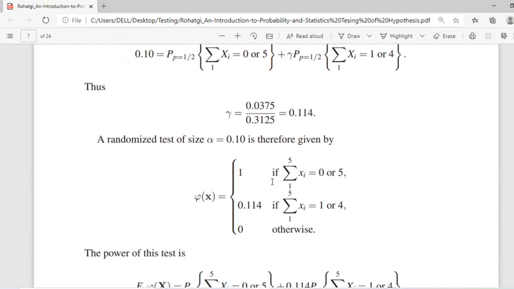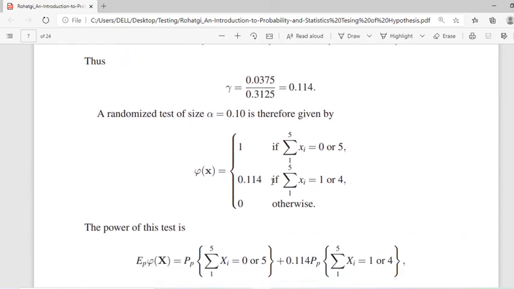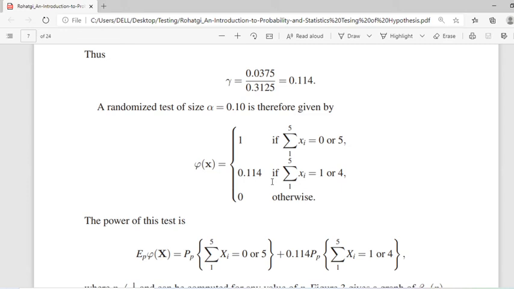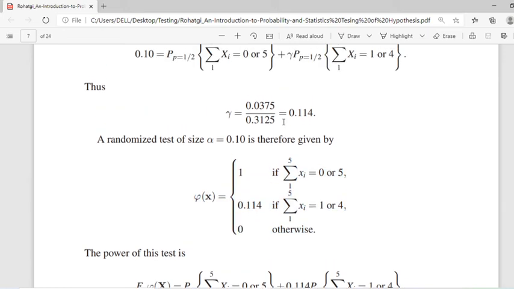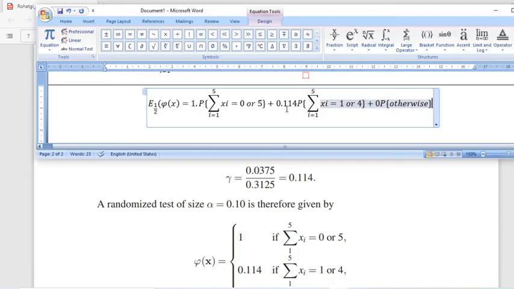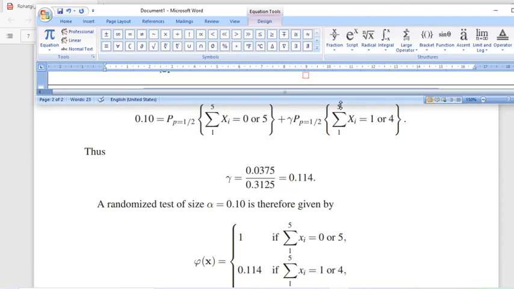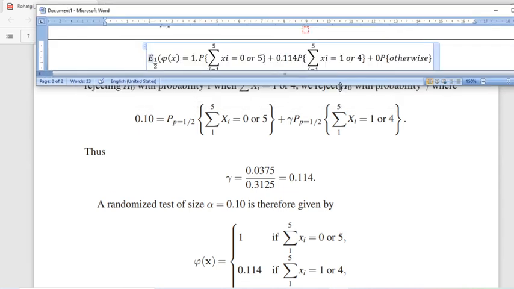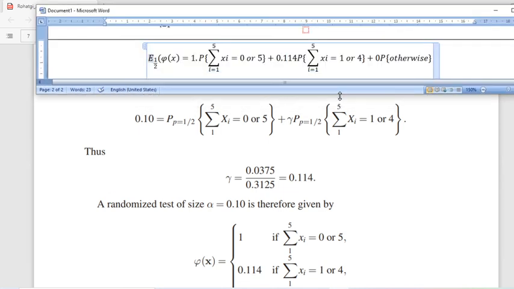So using that step, we obtained a randomized test here, that is phi of x equal to 1 if summation xi equal to 0 or 5, and phi of x equal to 0.114 if summation xi equal to 1 or 4, and 0 otherwise. How did we obtain this randomized test function? By comparing the expectation of phi of x, that is the rejection probability, with our rejection criteria and corresponding construction.